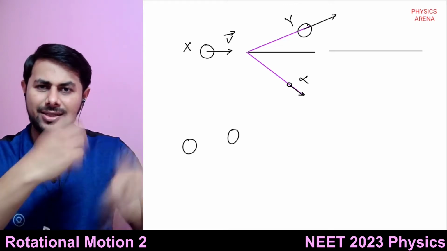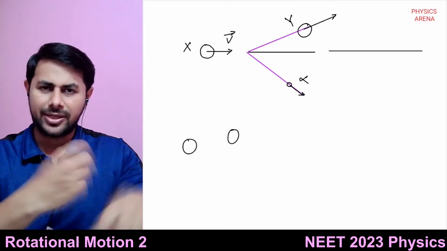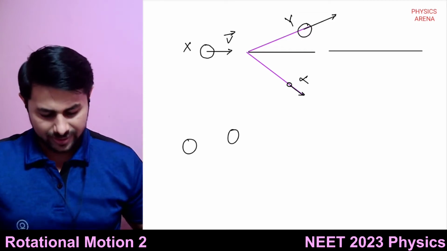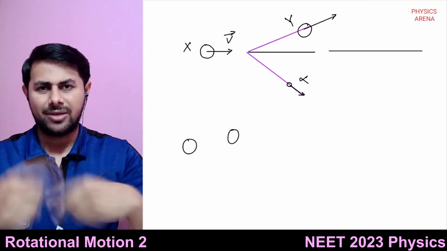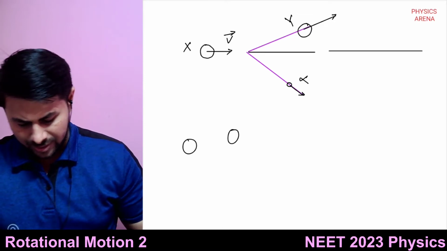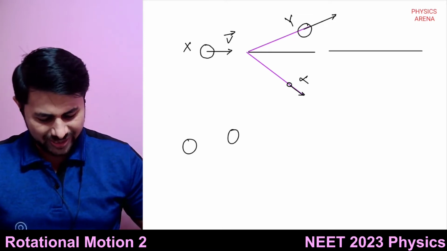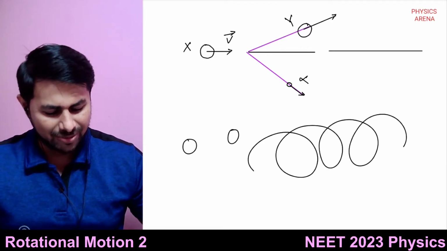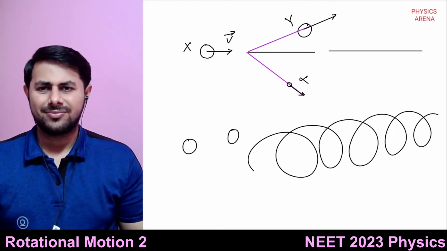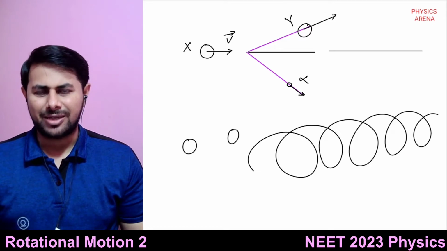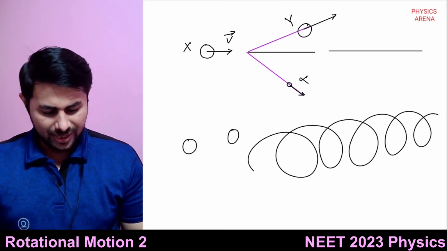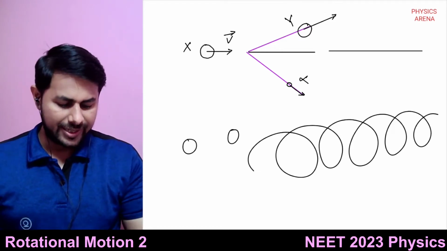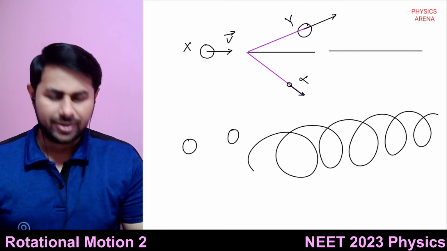So they rotate like this about each other and move in space. So if you concentrate on one star, how will its path look like? Its path will look like this. But in what direction will the center of mass move?